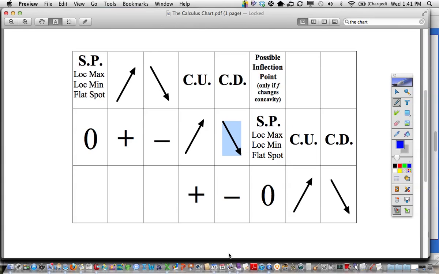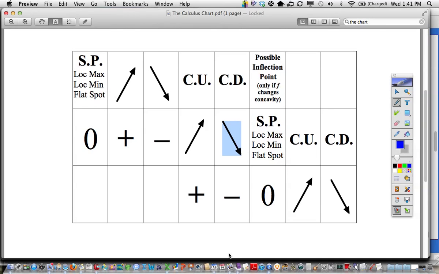So we can't just say where F has an inflection point. A local minimum of F prime says it's a possible inflection point. You can't just look at the inflection points because you guys skipped E, right? You told me just B and G. A local minimum of F prime means it goes down then up, so F has to go concave down, then concave up.